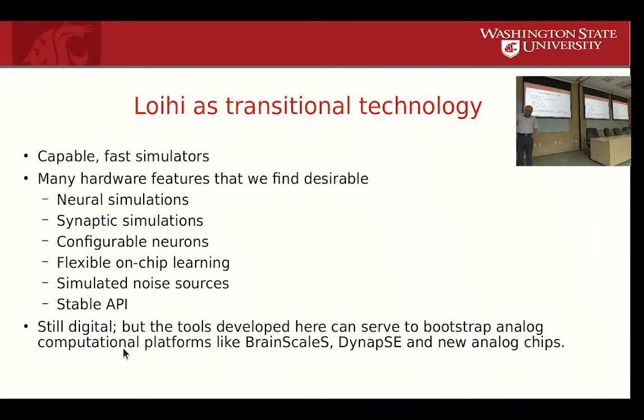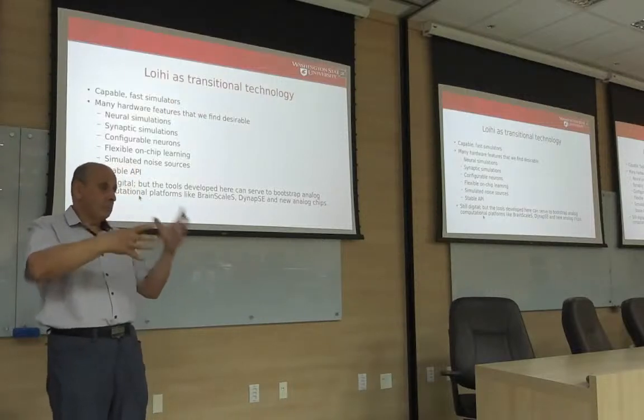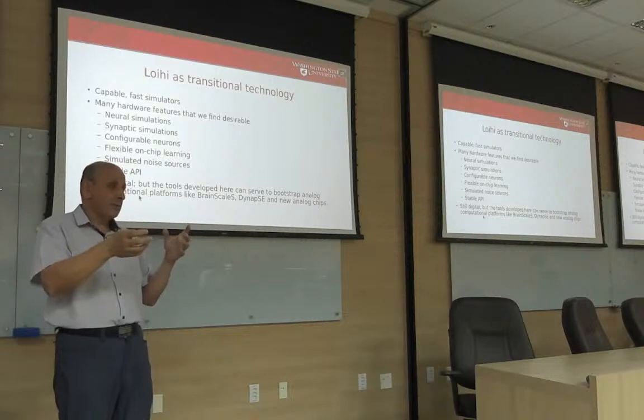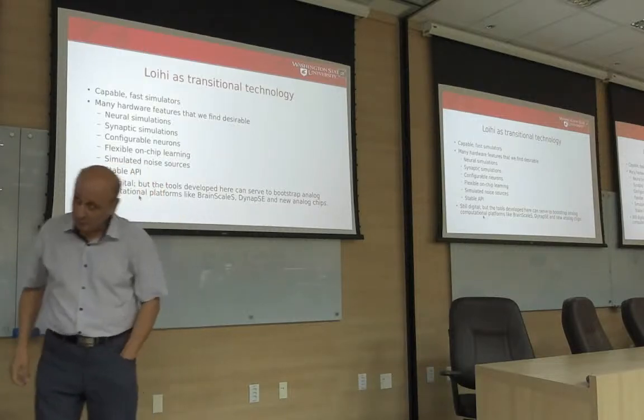And a relatively stable API. It's still digital, but tools developed here with this persistent technology and persistent state can be used to experiment in the analog situation before we actually port it to analog, where there are additional challenges with non-persistent state, with effects of temperature, etc.